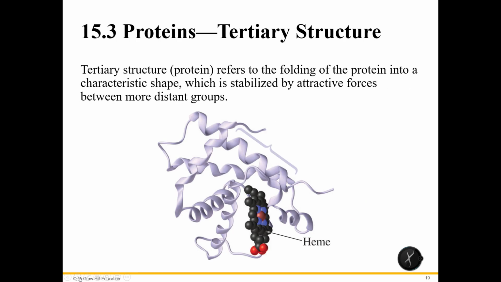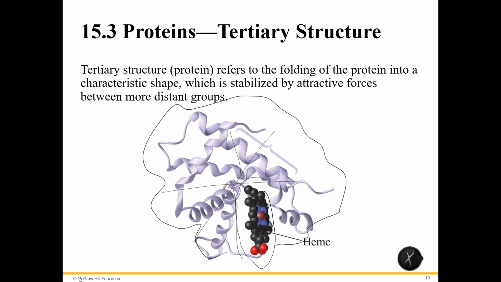So the tertiary structure is, here are these ribbons that we just saw, but when we start to think of them in three-dimensional space, then we have active sites within that, and then we also have an overall three-dimensional shape here.